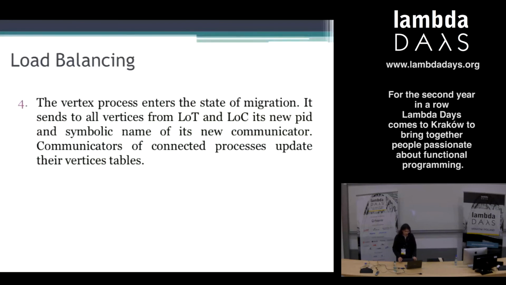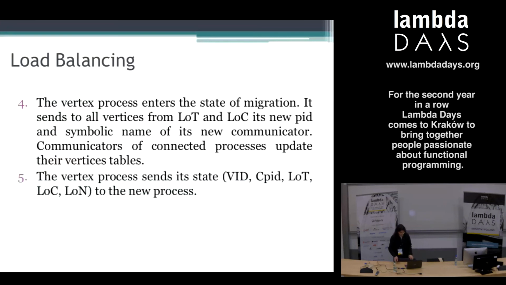Next, the vertex process enters the state of migration. It's a special state. The vertex won't execute any commands. It will pass its mailbox to the new vertex, and it will send all processes from the list of neighbors and list of connections its new PID on the remote node. And communicators of connected processes update their vertices table on this step.